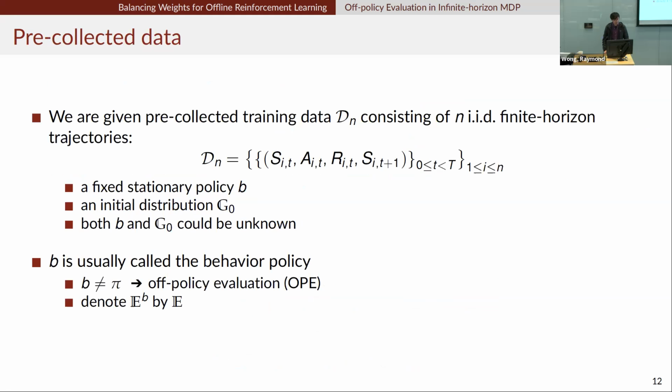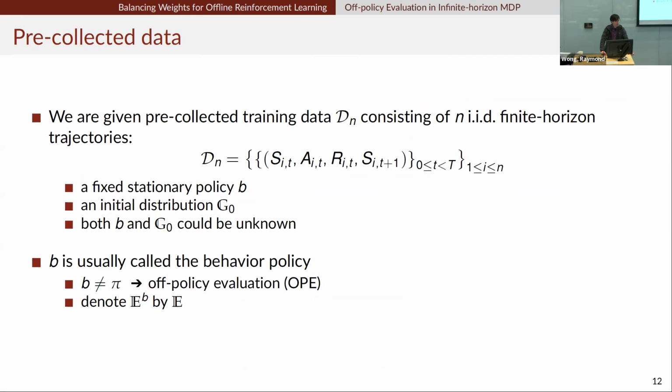So as I said, I'm going to focus on the offline setting. So we are not allowed to interact with the environment. Instead, we are provided with a pre-collected training data set, which I assume to consist of IID finite horizon trajectories. These trajectories are collected based on a fixed stationary policy b and an initial distribution G0.